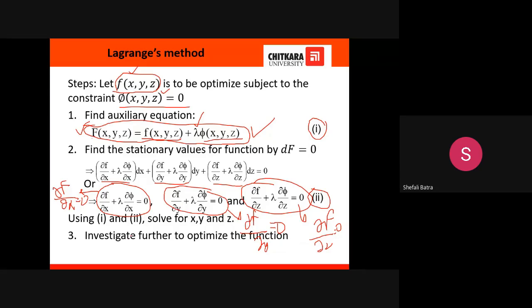But what is its advantage? To find the maximum or minimum value of a function, it is an easy method. Calculations are very, very less, and we can easily evaluate the values of x, y, z at which the function is going to be maximum or minimum.